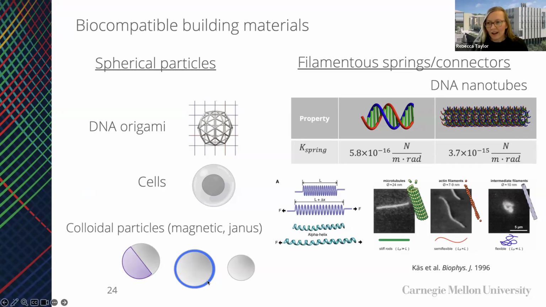Our robots also have flexible filamentous components. And so we could look to biofilaments, right? Like microtubules, actin, but also peptides that have alpha helices, for example. And then we can also make structures with tunable mechanics from things like DNA nanotubes.